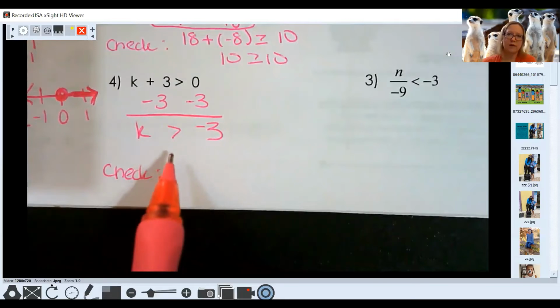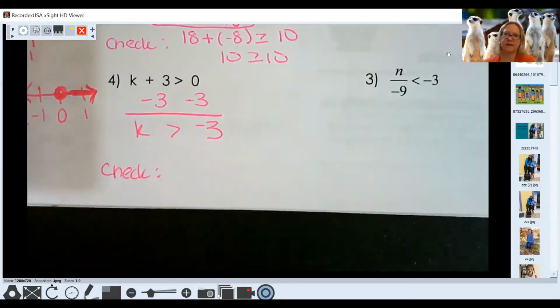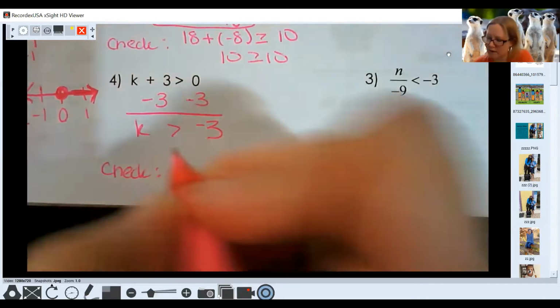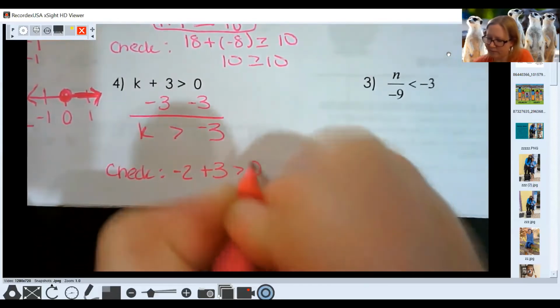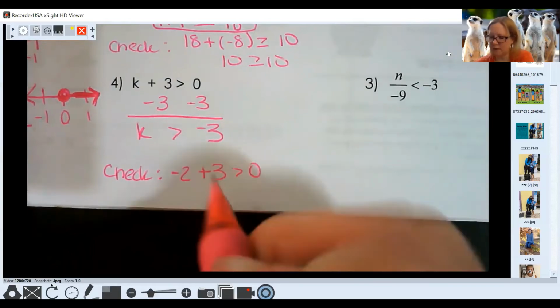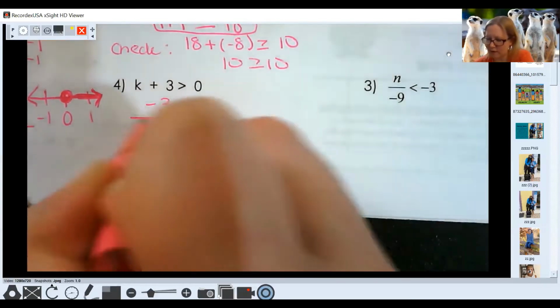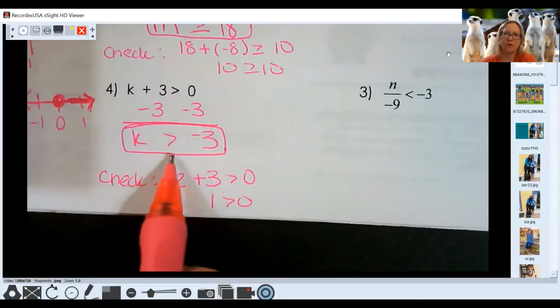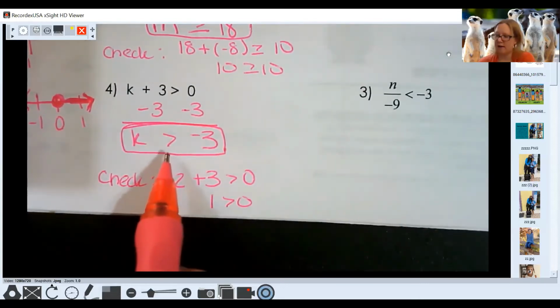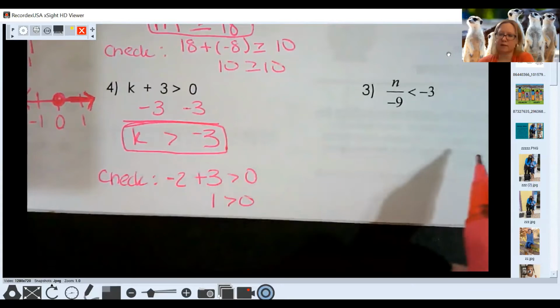So if k is greater than negative 3, I could choose, let's say, negative 2. Okay, so if I have negative 2 plus 3, that is 1, and 1 is greater than 0. Okay, when you graph that on your number line, you would have an open circle on negative 3, and you would shade to the right since it's greater.